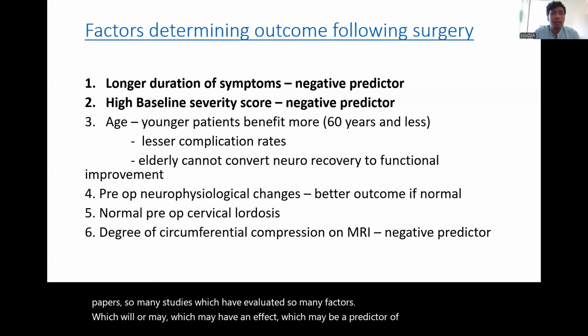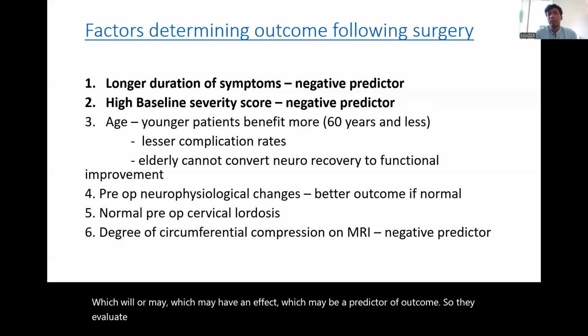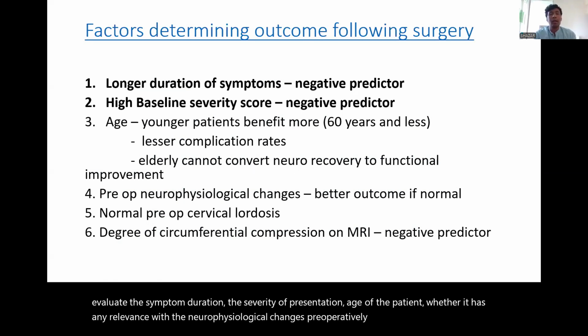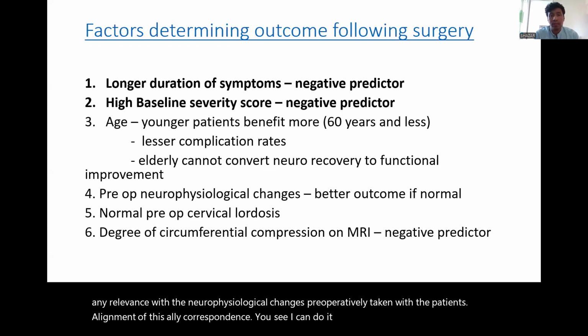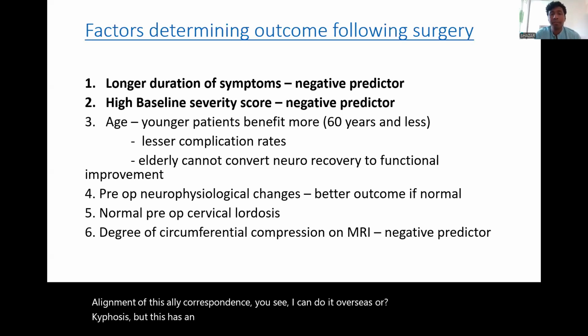They've evaluated the symptom duration, the severity at presentation, age of the patient, whether it has any relevance with the neurophysiological changes taken preoperatively, whether the alignment of the cervical spine, either lordosis or kyphosis, has an impact, or the degree of compression in the MRI. So any changes in MRI, whether these are predictors.